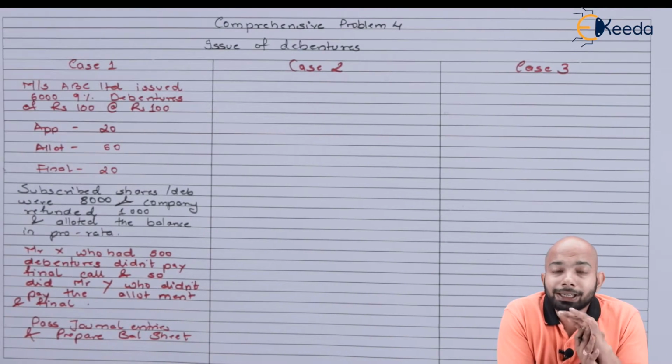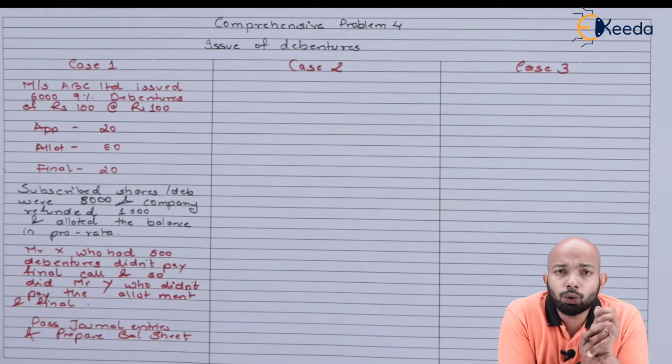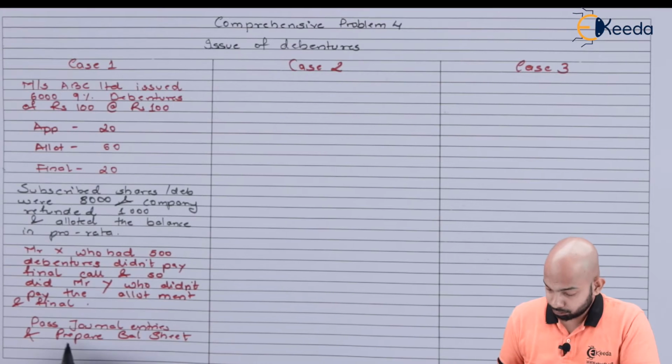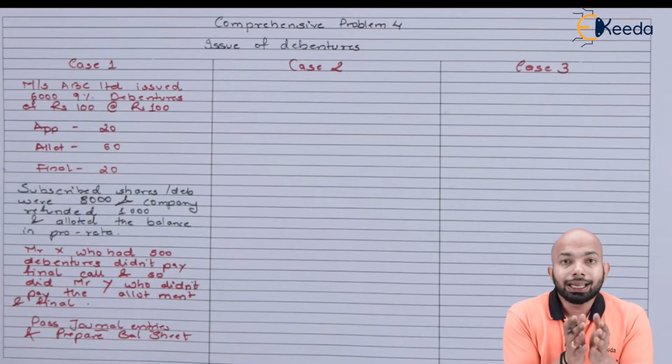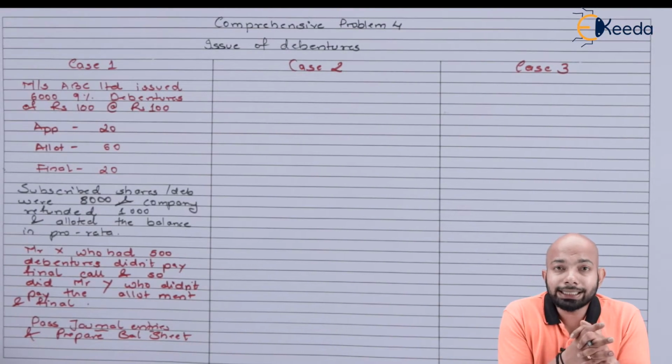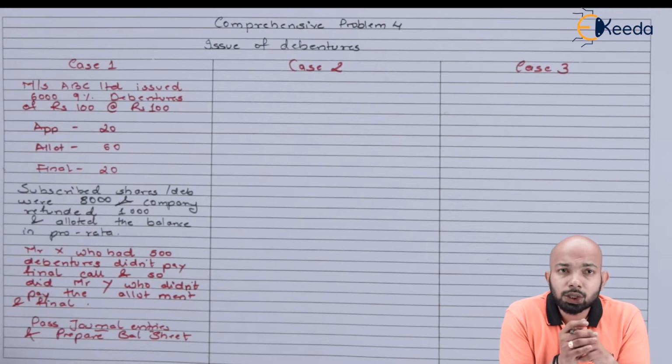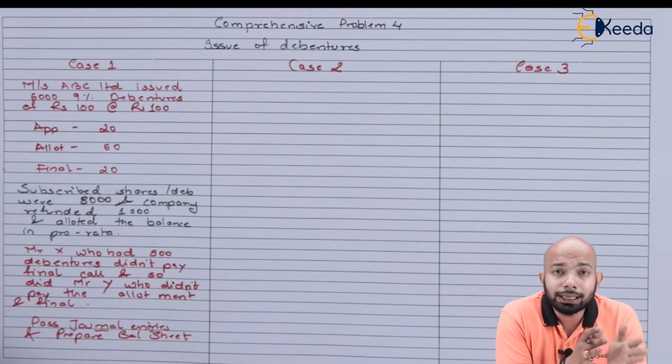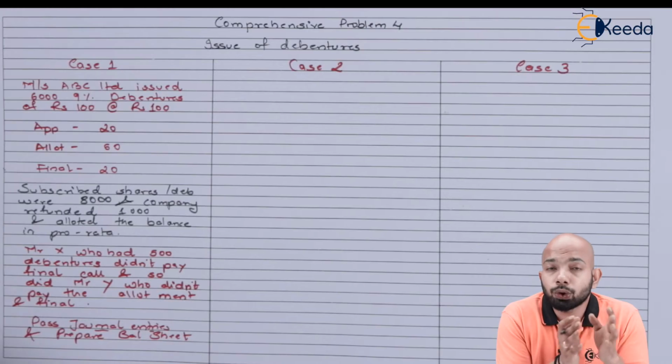So both these people didn't pay on a total of 1,000 shares, which has been mentioned. Now we have to prepare the journal entries and the balance sheet for case 1. Now case 1 is done. Let's hop on to case 2 and figure out what we have there.